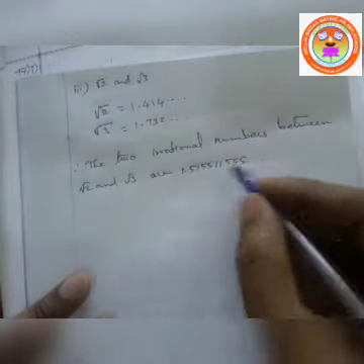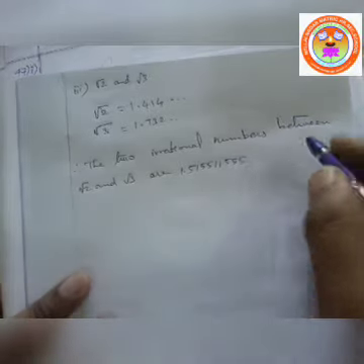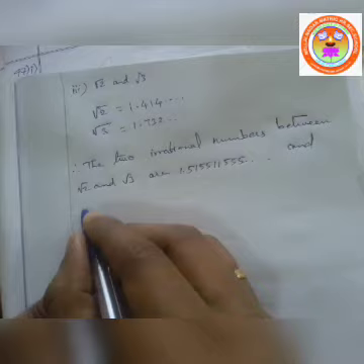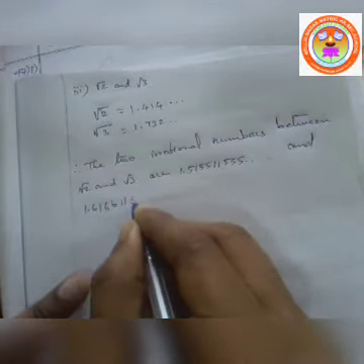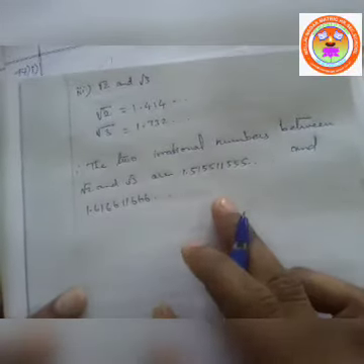Just like the previous sum, you add two 5s, then three 5s, like that it goes on. And after 1.5, the next number is 1.6, 1.66, 11666. It goes on. So these are the two irrational numbers between root 2 and root 3.